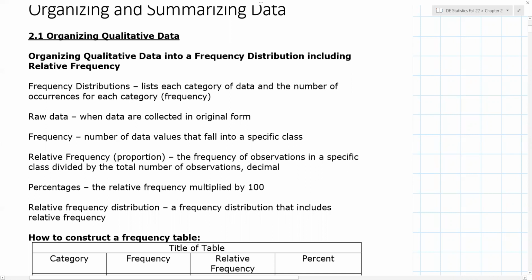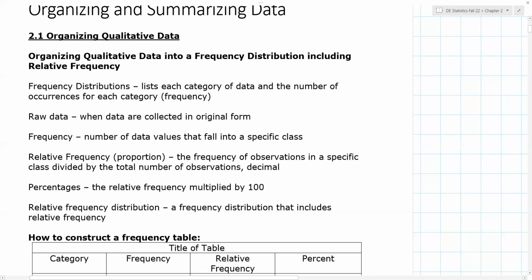We also need to know the term raw data. Raw data is simply the data that we collect in the form that we collected it in. So no sort of organizing, sorting, nothing like that, just the data as it was collected. Frequency is the number of data points that fall into a certain category or a certain class, which we will get into a little bit later.